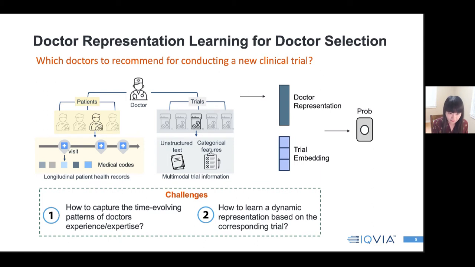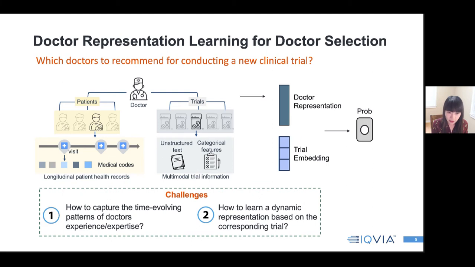Also, the doctors have participated in a set of trials where the information is encoded by multiple types of trial features, including the unstructured eligibility criterion text and the categorical features that describe the clinical trials. Both the patient data set and the trial data set can help us understand the expertise and experience of a doctor, which further sheds light on whether the doctor could be a better fit for a new trial.